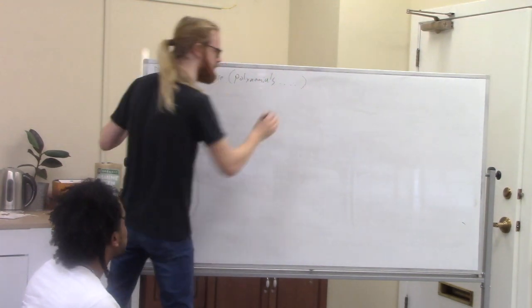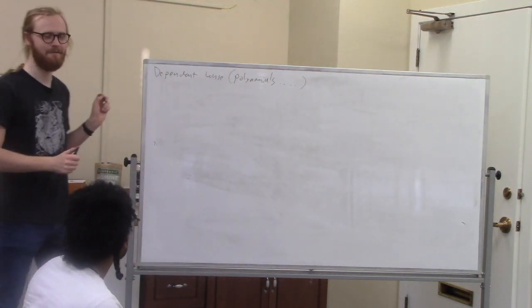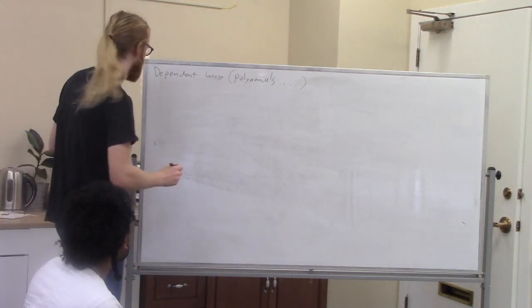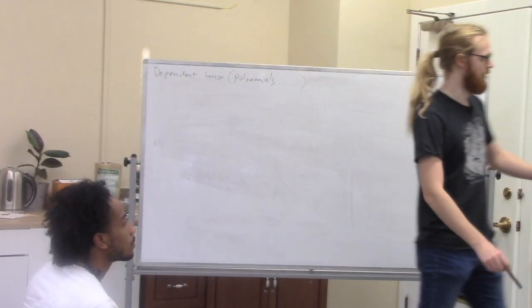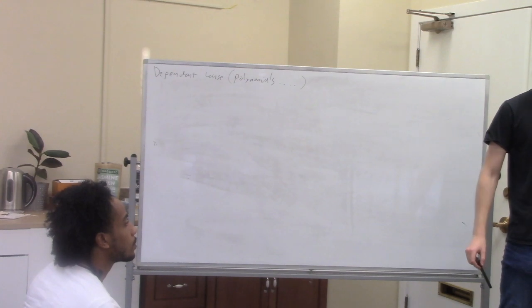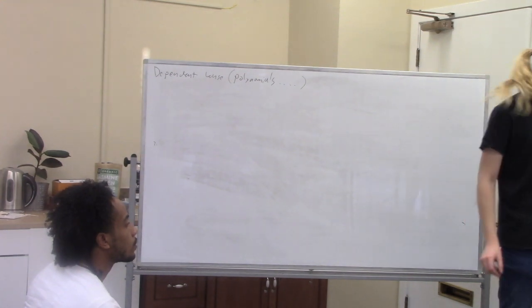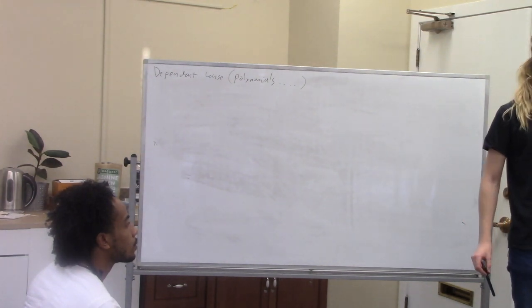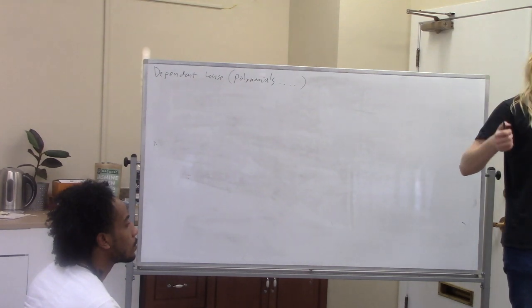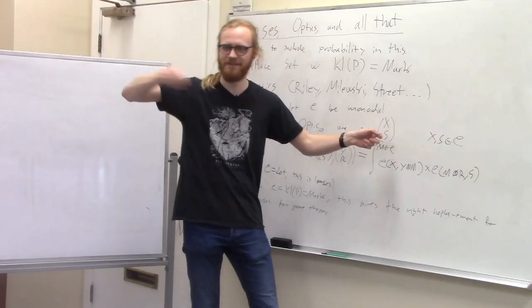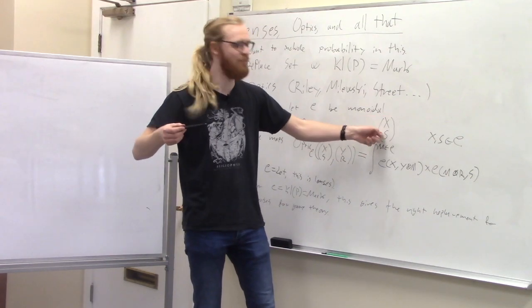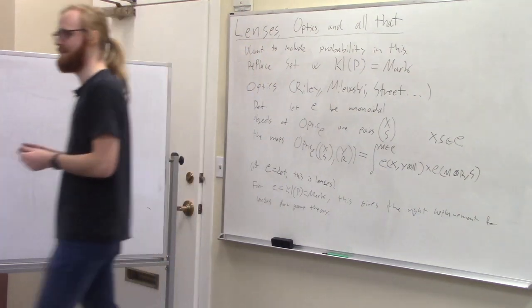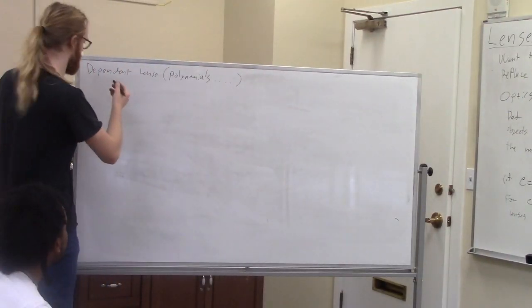It has like 50 different names. So what's a dependent lens? Here the idea is that the backwards part is allowed to depend on the forwards part, not just in that the function going backward depends on the forwards part, but the types, the set of possible values, is indexed over the forwards part.